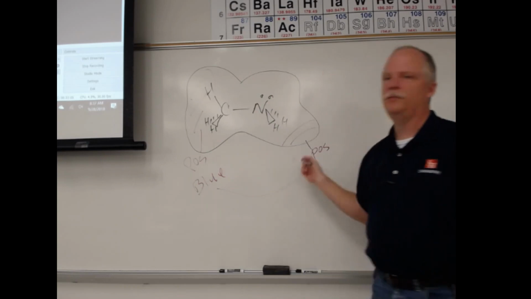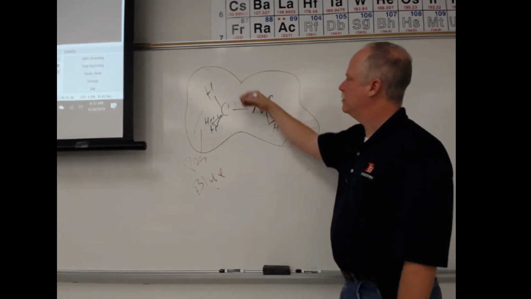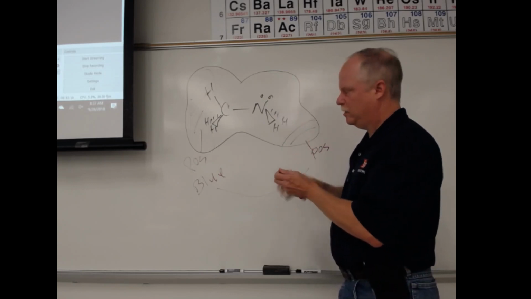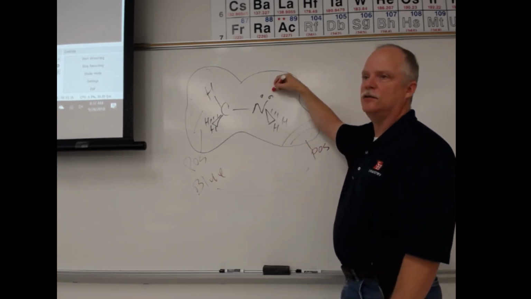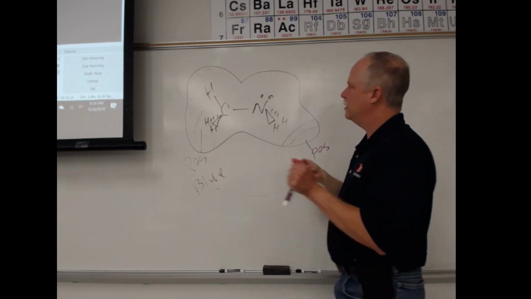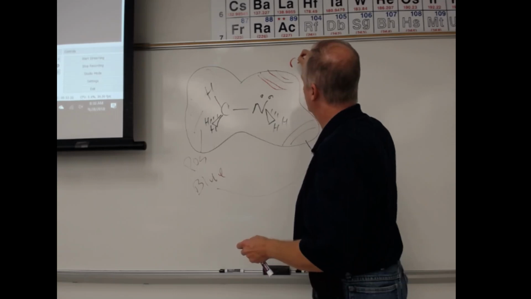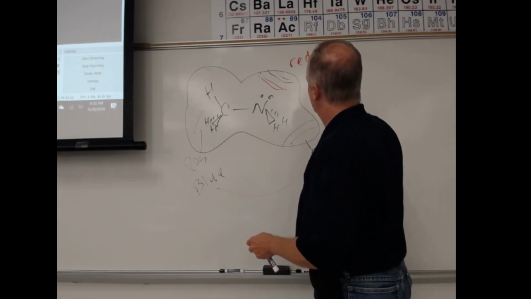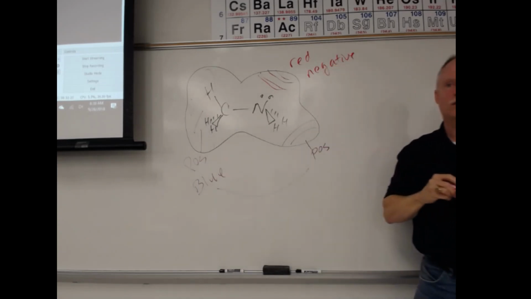And so those regions would be blue on the electrostatic potential map. What about up here? If I'm walking along here with a positive charge and I get close to those lone pairs, it's going to be pulled inwards. Yeah, so that's going to be the red region. So it's not that hard, right?